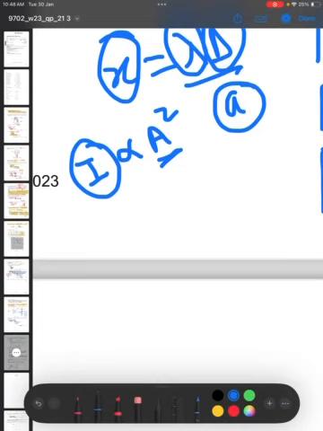So the displacements that add are less, and they produce a smaller resultant, which will produce a lower intensity. So our fringes on the screen will be less bright. Our bright fringes will be less bright.